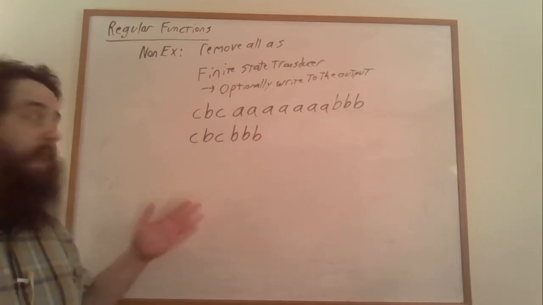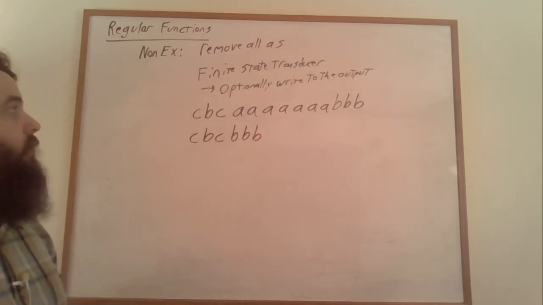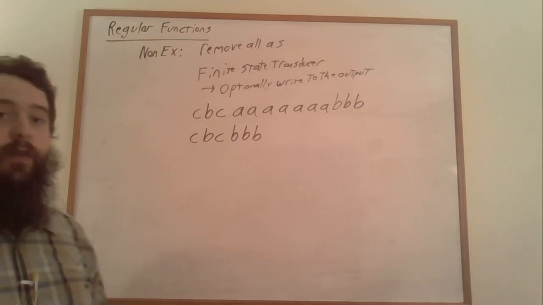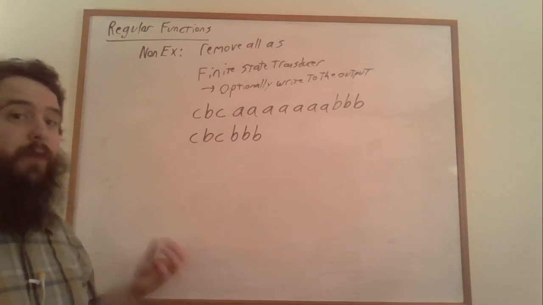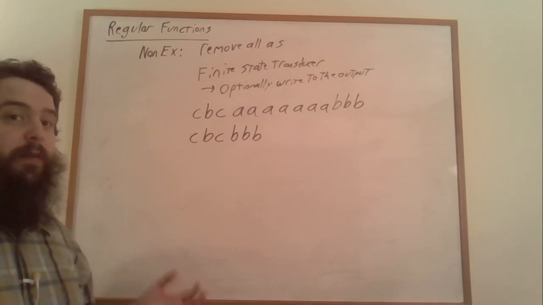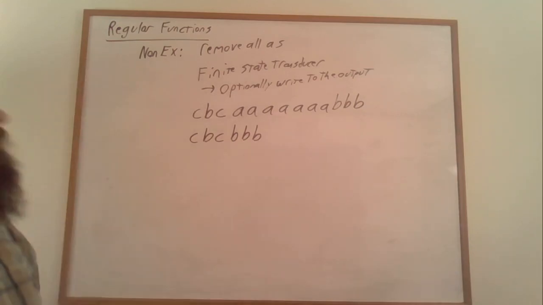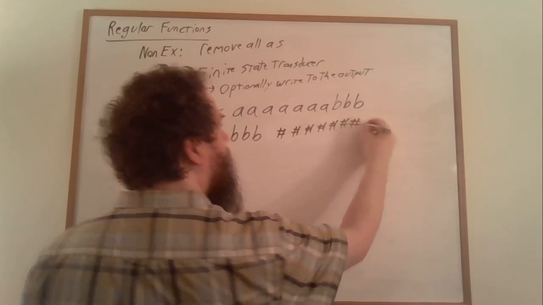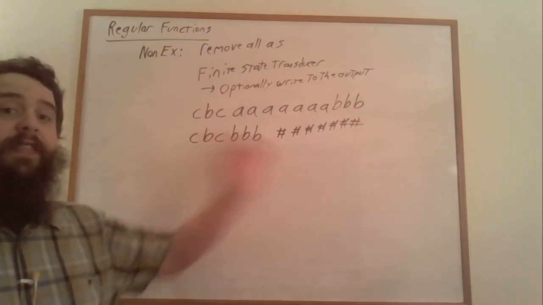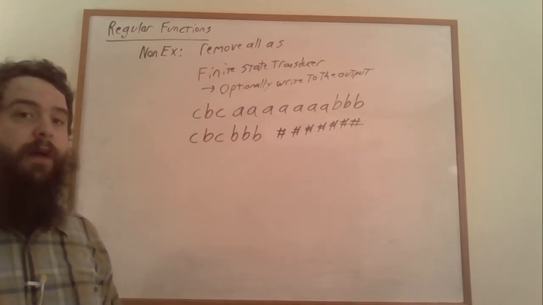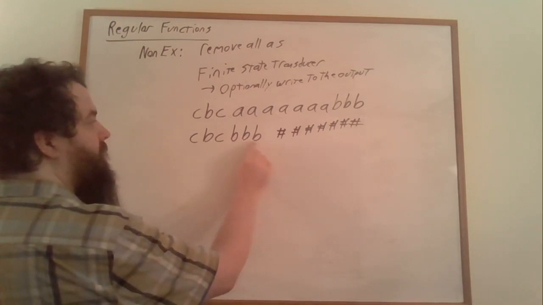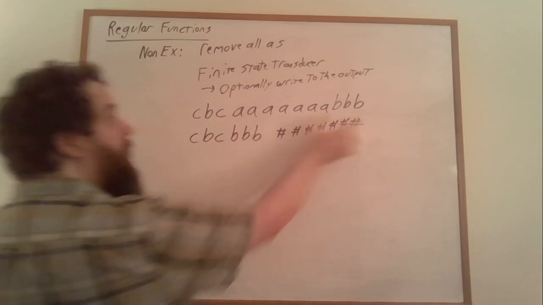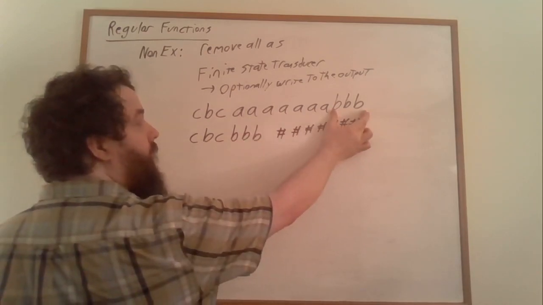And so it's very easy to build a finite state transducer that removes all of the A's from a word. But it's worth noting this is not something that we can recognize with a finite state automaton. This is not a regular function. If we padded to length and fed this into a finite state automaton, it would have to check that this sequence of characters here shows up in duplicate over here.